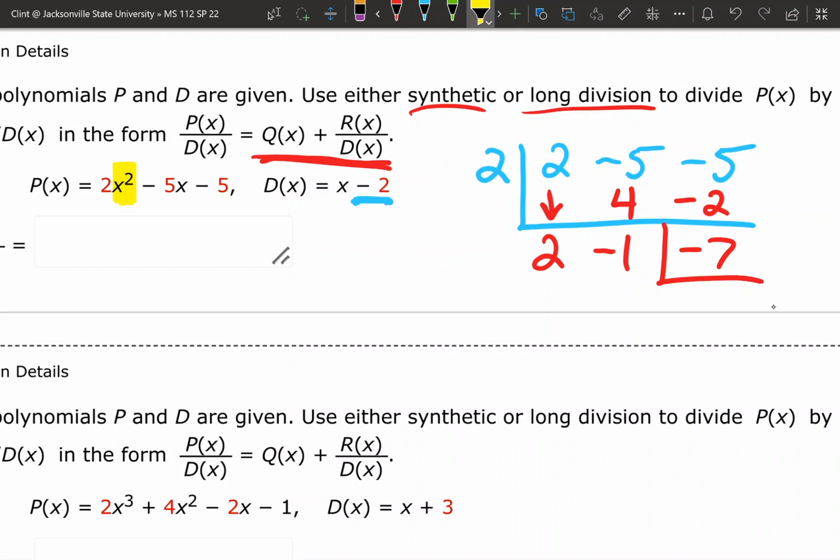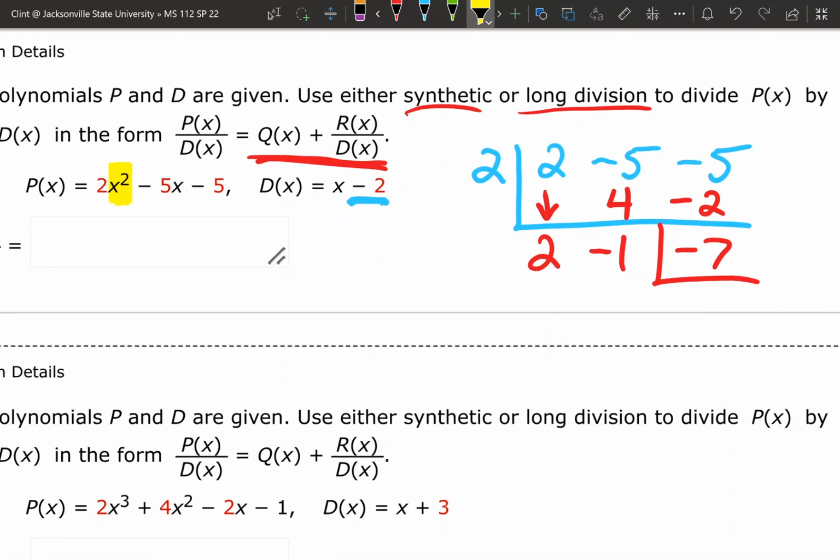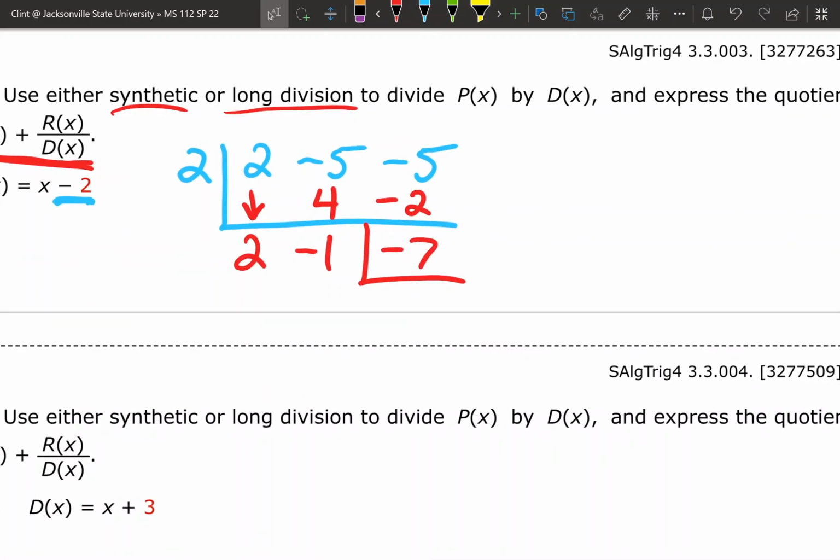Anytime you do synthetic division, your answer is going to go down in degree by 1. So our polynomial here will be 2x minus 1. And then we've got to do our remainder. So plus negative 7 over our divisor, which was x minus 2.